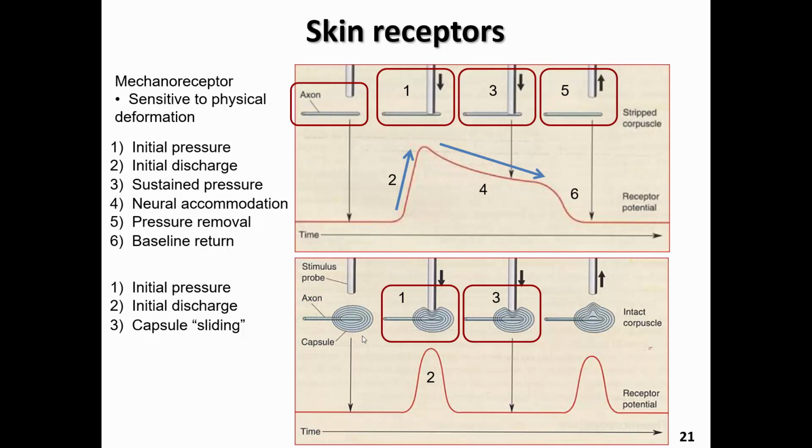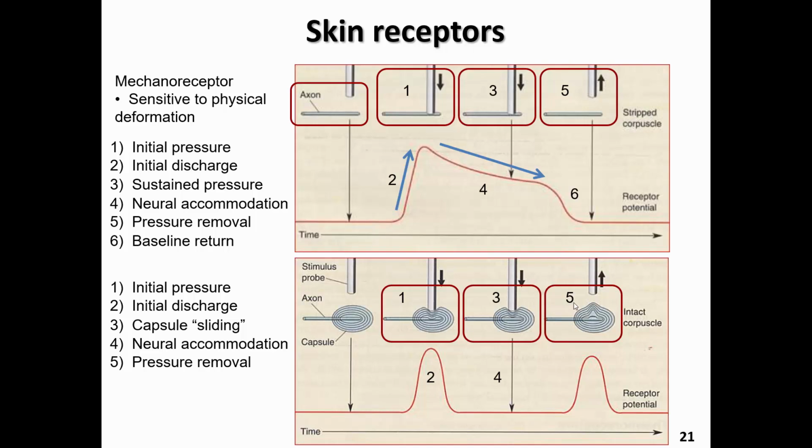As a result, the pressure from the concentric layers of connective tissue on the axon will alleviate. And so we see a much greater degree of neural accommodation than what we saw in the bare axon up on top. And so without that external pressure, we see that the membrane of the axon returns back to its resting baseline, making this entire sensory organ a very fast adapting type of organ.